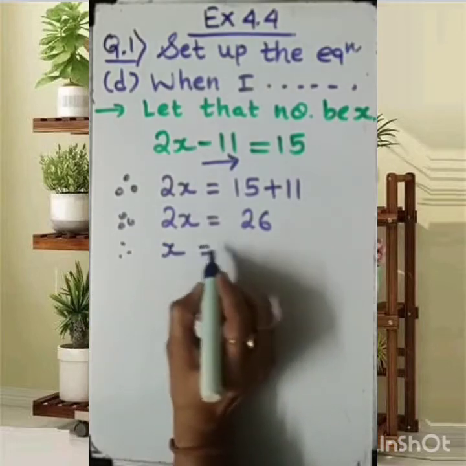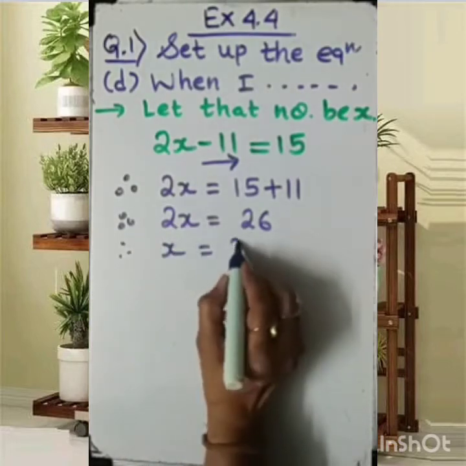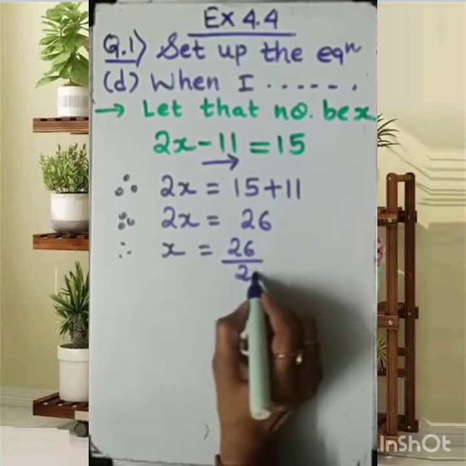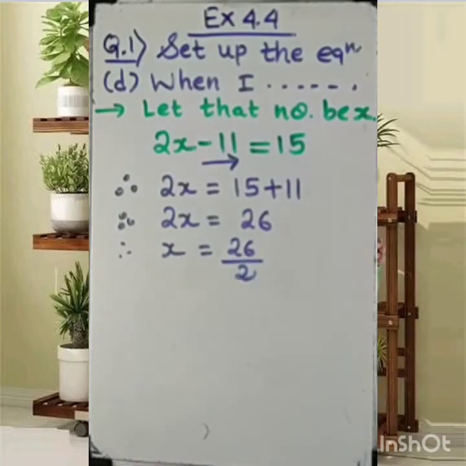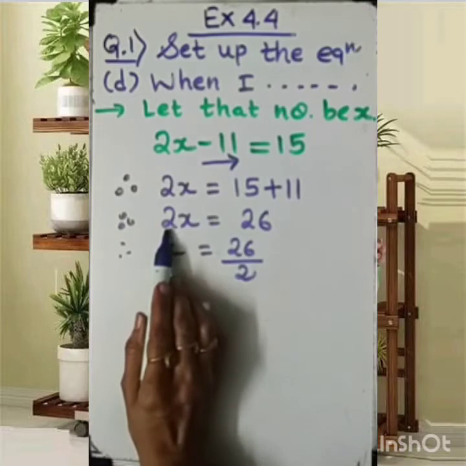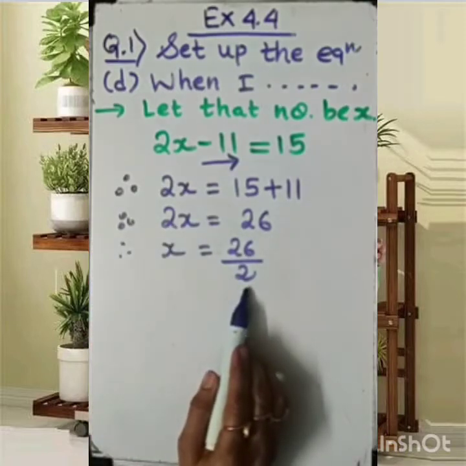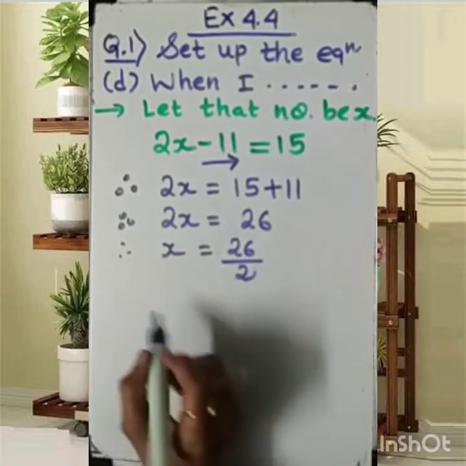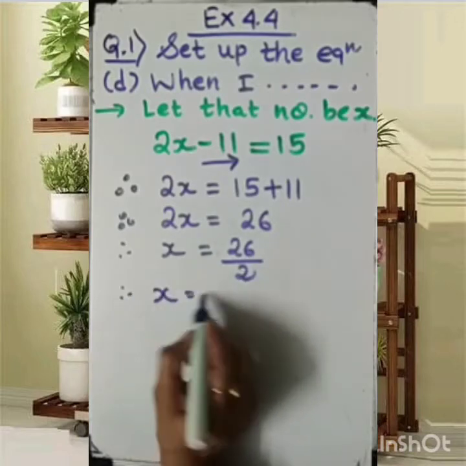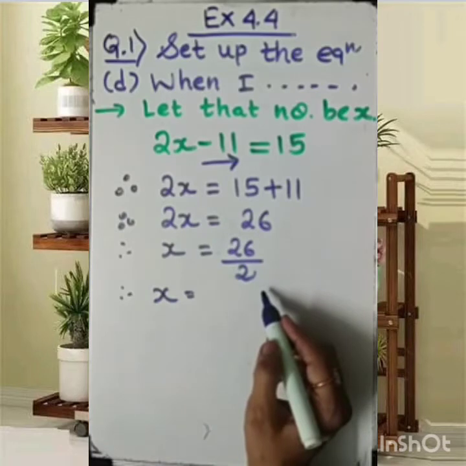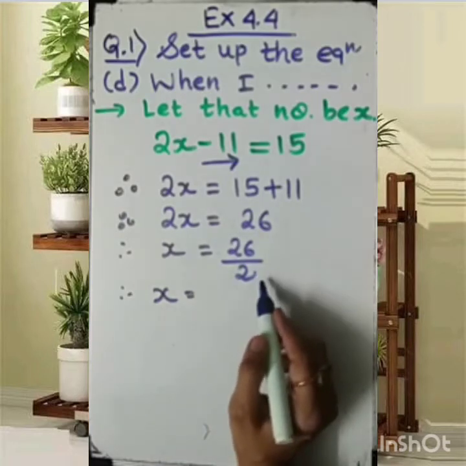Now what to do with this 2? 2 is in product with x, so it is brought to the denominator on the other side. This 2 is in the numerator, it will become the denominator on the other side. Now my dear student, you know this is half of 26, and 26 is divisible by 2, right?